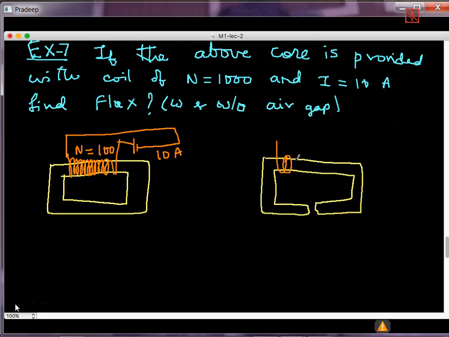Same way here also, N is 100, current is 10 amperes. So find the flux.